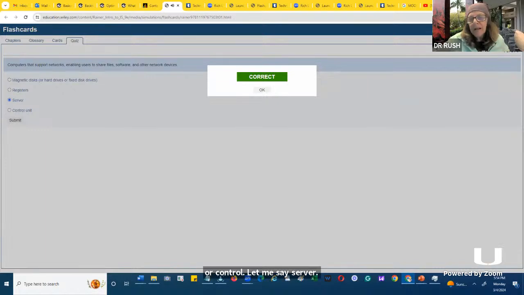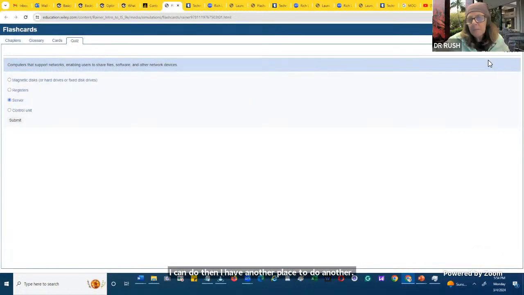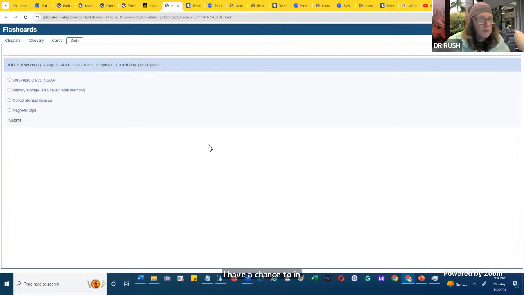I can then go to the next question. It says a form of secondary storage in which a laser reads the surface of reflective plastic. In this case, it's not going to be primary storage, because we're talking about secondary storage.